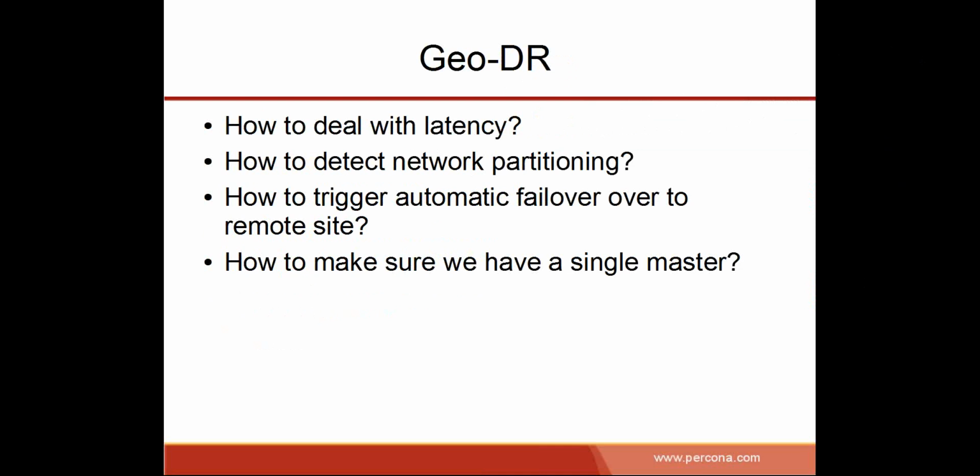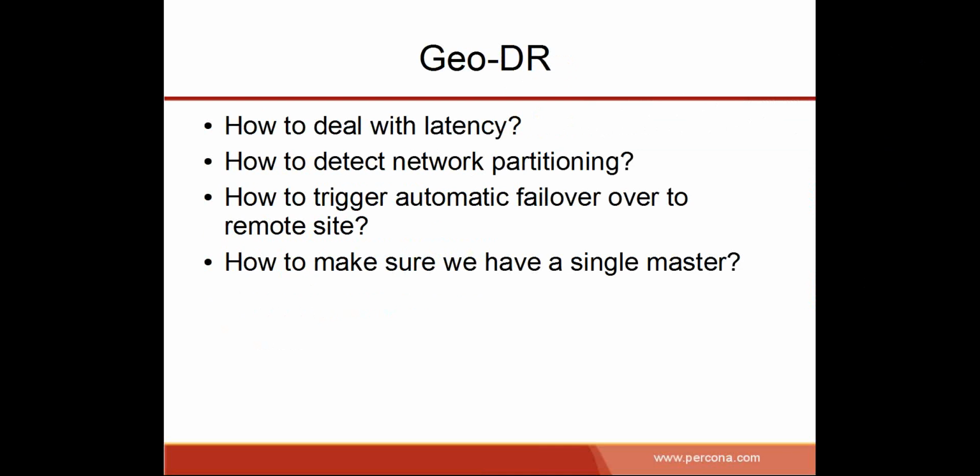The other big challenge is detecting network partitioning. If some sites are down or their internet connection is down, they won't be able to see the other side. How can we have meaningful failover behavior in such circumstances?